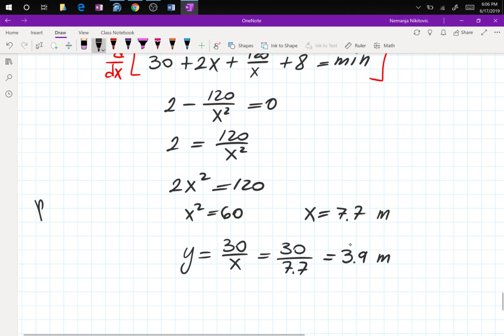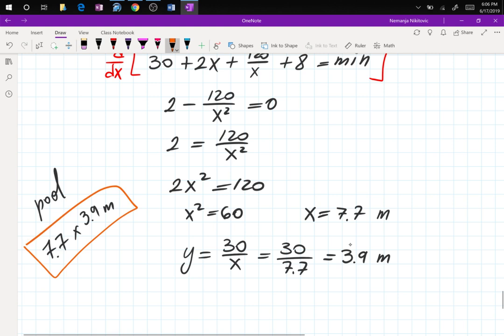So the pool in this case will have dimensions of 7.7 by 3.9 meters. And that would minimize the cost of the concrete that we lay around the pool. That's what we have.